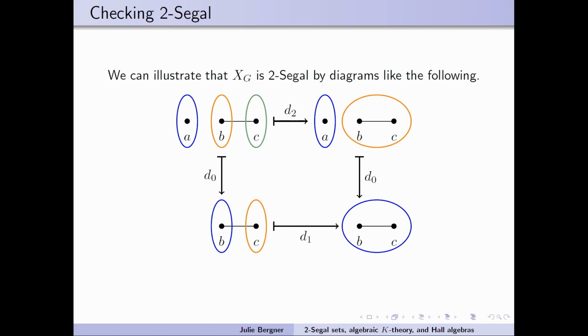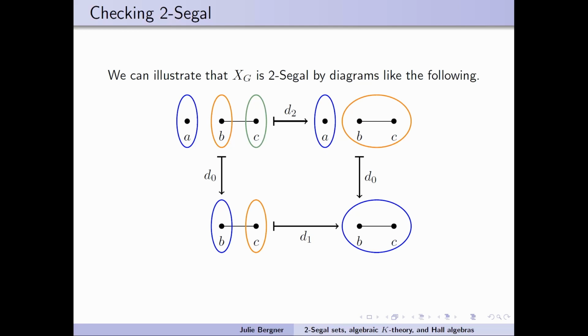So what 2 Segality is saying is, if I just had the data of these two simplices glued together along this 1 simplex, could I uniquely reconstruct that 3 simplex? And the answer is yes. Up here in the upper right, I have the subgraph that I need.